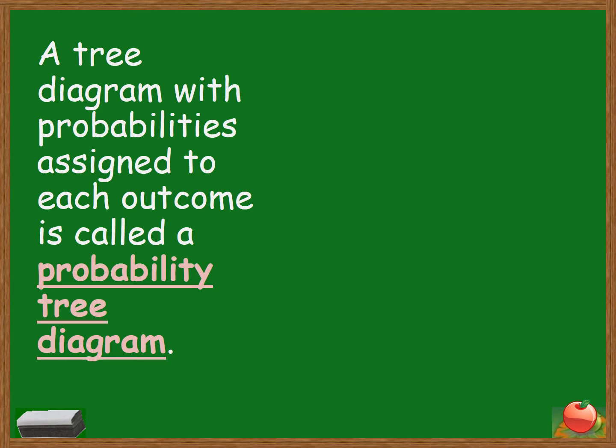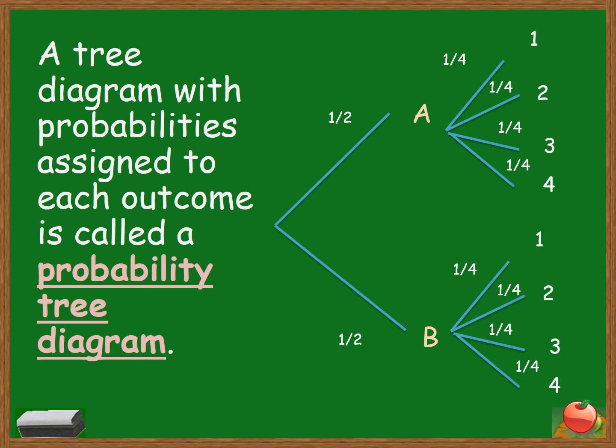Now if I assign the probabilities for each outcome as I'm drawing my tree diagram, I get a probability tree diagram. So at my first set of branches, the A and the B, it was a spinner which was divided in half.